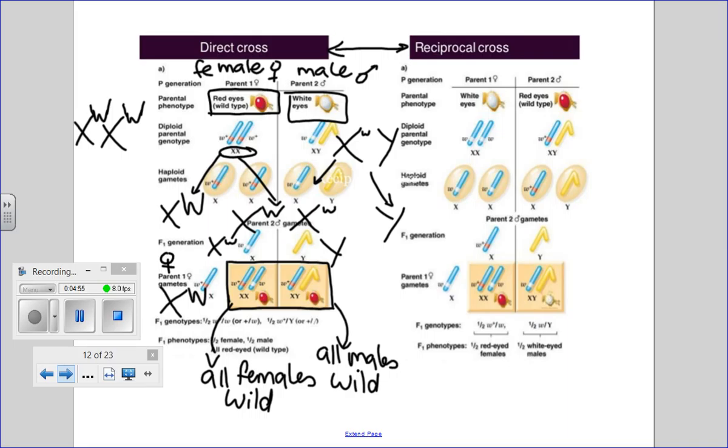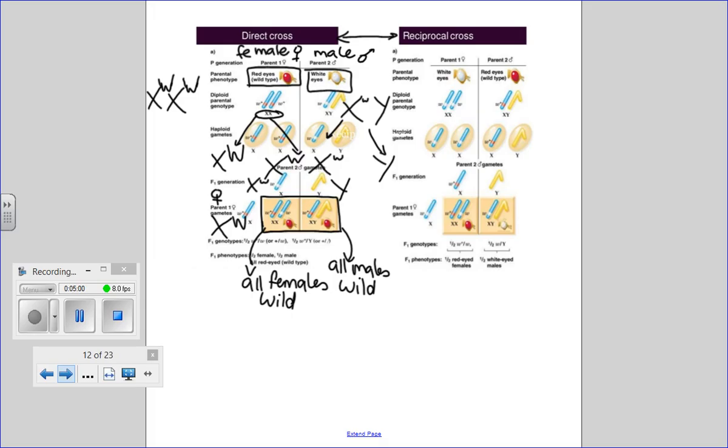Now the females don't have the same genotype as the female parent. The females are what we would call carriers. The females will all have one normal wild-type allele and one allele for white eyes. Since wild-type or red eyes is dominant, they have that phenotype, but now they are all carriers. All of the males we would call unaffected. They don't have the white allele and they're not carrying it.